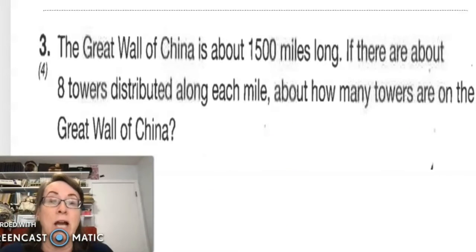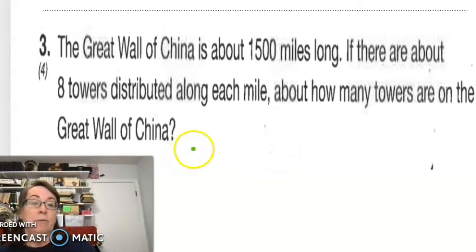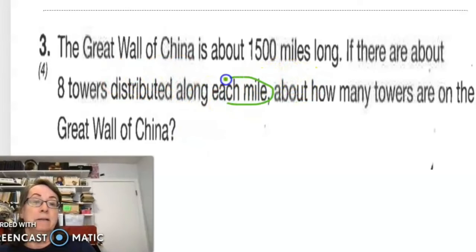The Great Wall of China is about 1,500 miles long. If there are about 8 towers distributed along each mile, about how many towers are on the Great Wall of China? So each mile is going to have 8 towers.